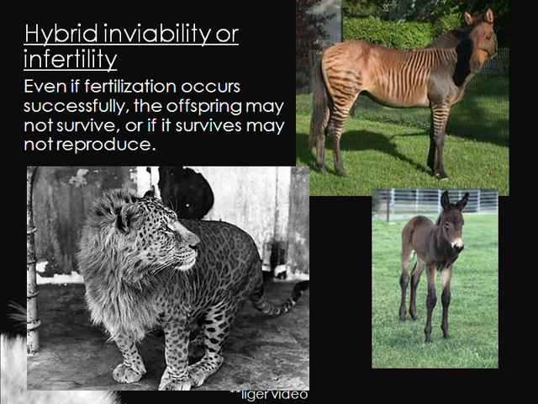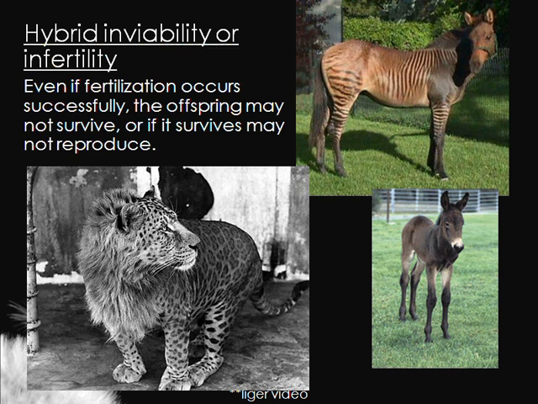Here's a cross between a lion and a leopard. So it looks pretty much like a leopard but with a mane. This is a horse and a zebra, sometimes called a zorse. Also a liger. Those are inviable. Without extensive medical care, they would die.